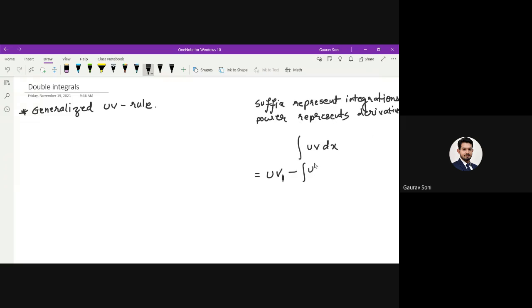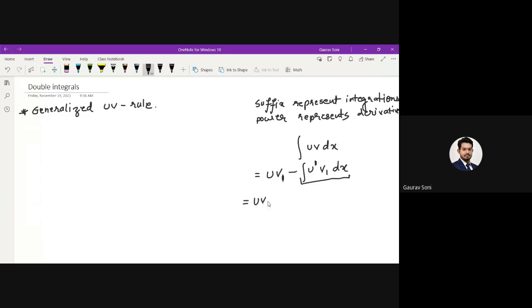So u1 integration of v, that is v1 dx. I hope it is clear up to this. Now apply the UV rule on this again.